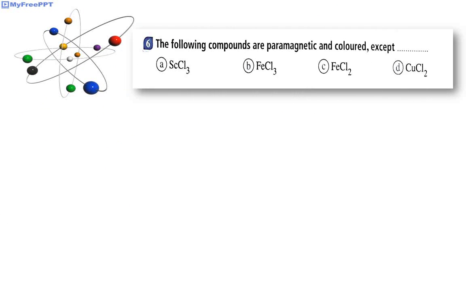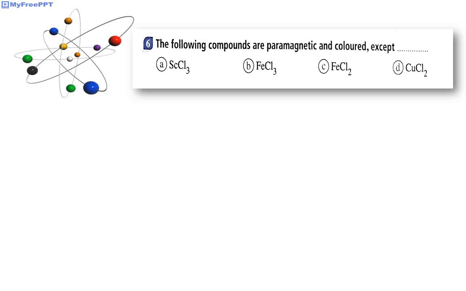The following compounds are paramagnetic and colored, except. All of these compounds are paramagnetic and colored. Paramagnetic means the orbitals contain unpaired electrons. So the electrons are unpaired and give colors.